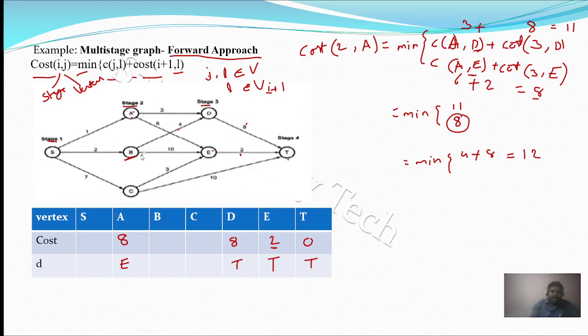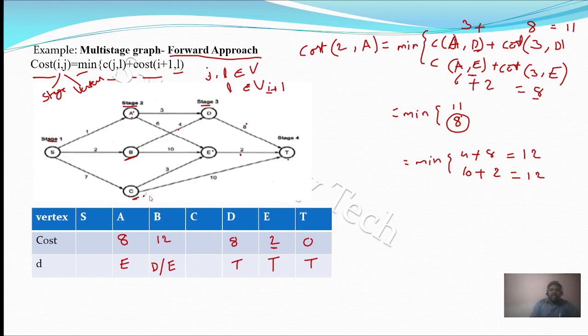Next B to E, that is 10 plus E, the cost is 2. It is also 12. So in B the cost is 12 via vertex D or E. Both are the same, D or E.